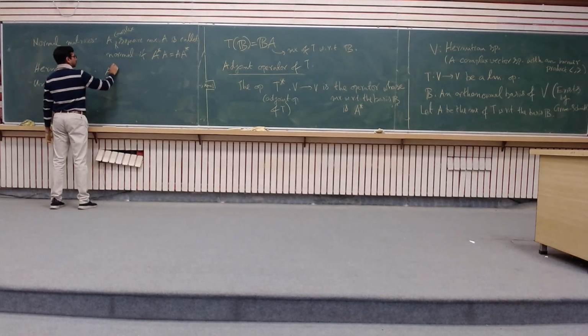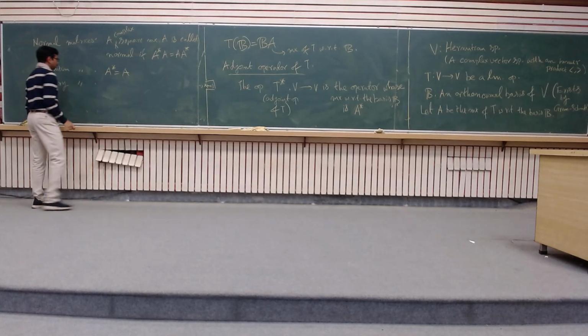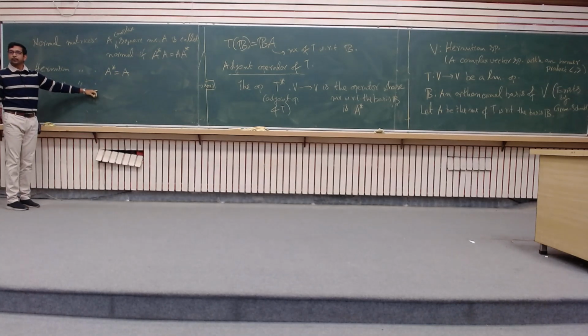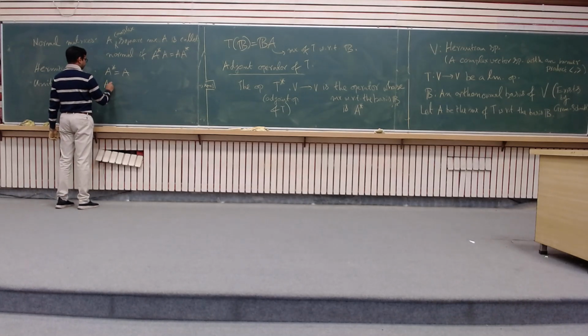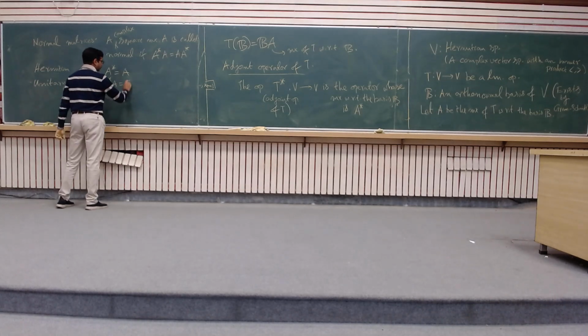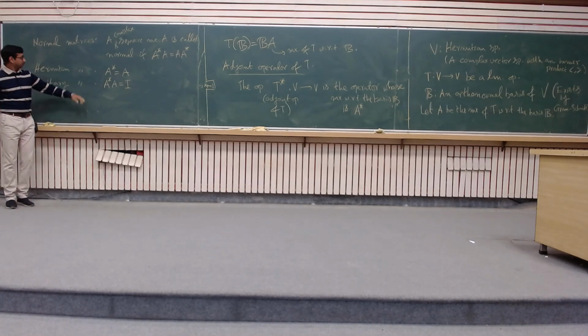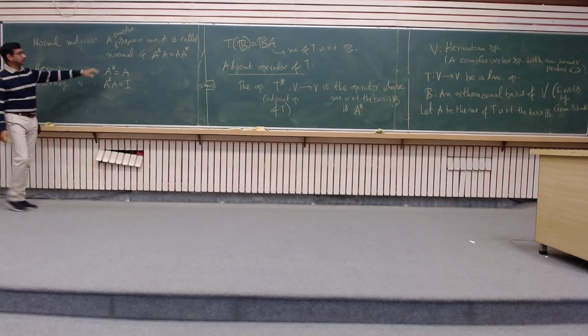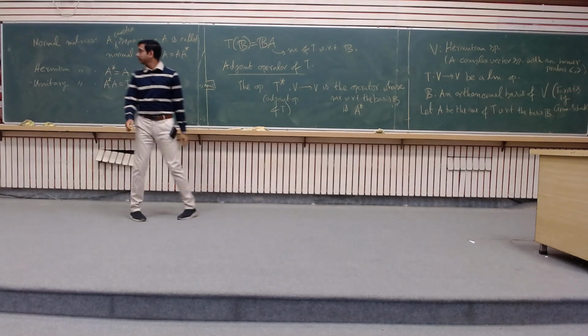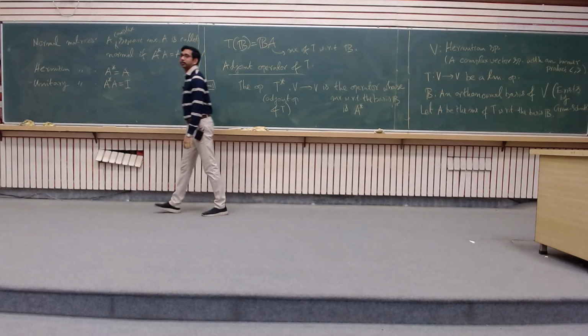These were just A star equal to A, and for unitary matrices A star A equal to identity. Note that Hermitian matrices and unitary matrices are just special cases of normal matrices.